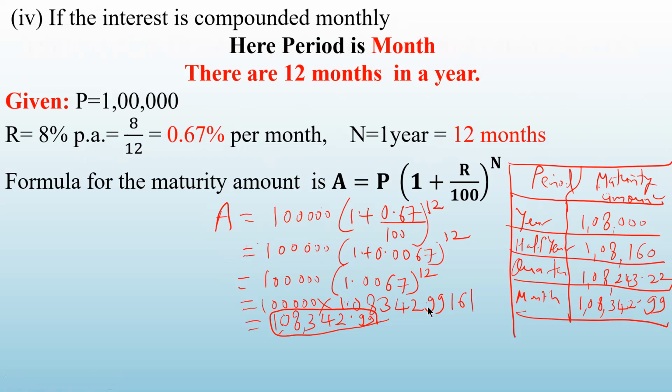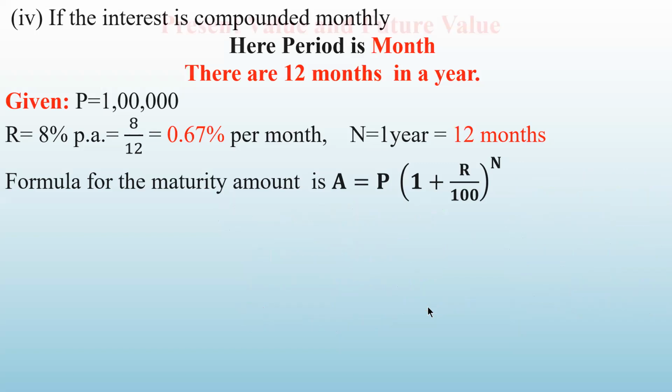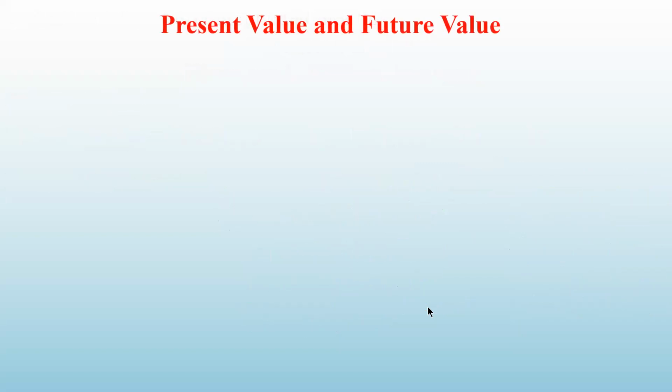Now we will see the concept of present value and future value. See here, if you keep a principal P, then to find its accumulated value, like for example, in the last example which we solved, 1 lakh rupees was kept in the bank, and after 1 year, if the interest is calculated yearly, 1,08,000 was received.